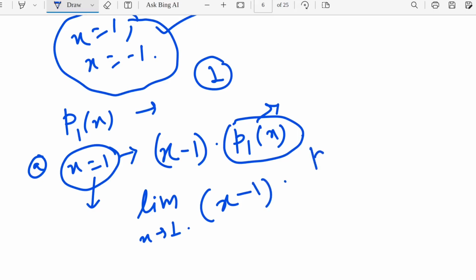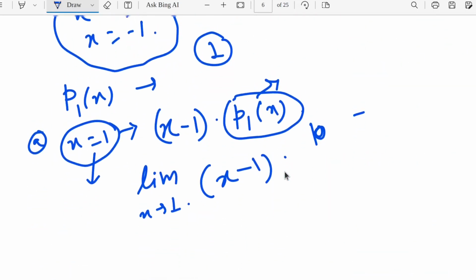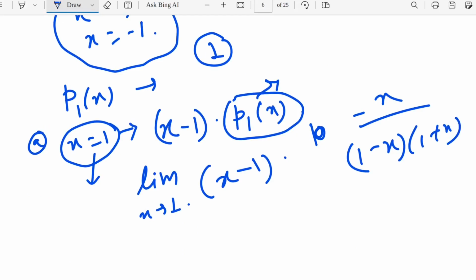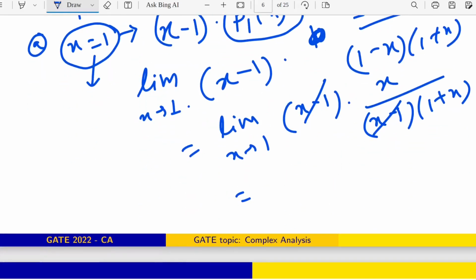P1x was minus x by 1 minus x square, which I can write as x by (x minus 1)(1 plus x). So x minus 1 will cancel, and it becomes x divided by 1 plus x, with x tending to 1.